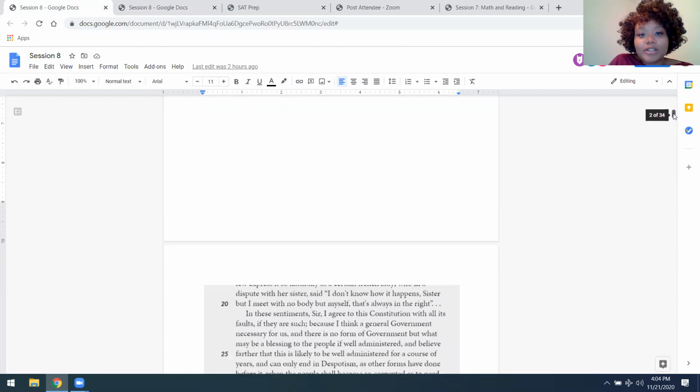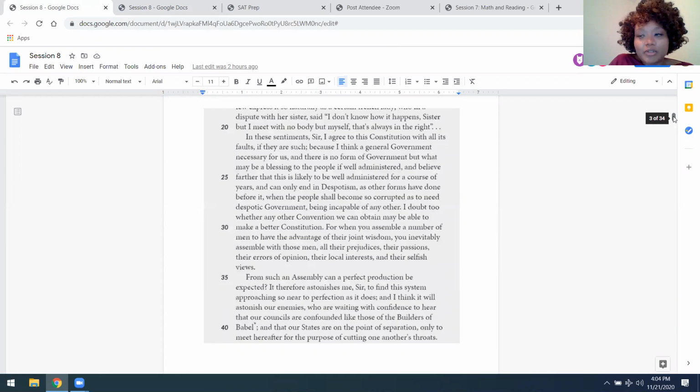Throughout the passage, it's clear there are some objections to the Constitution, meaning it's not perfect. And he says why they're not perfect. DK said that these lines 30 through 34 show Benjamin Franklin's reasoning for why it's imperfect.